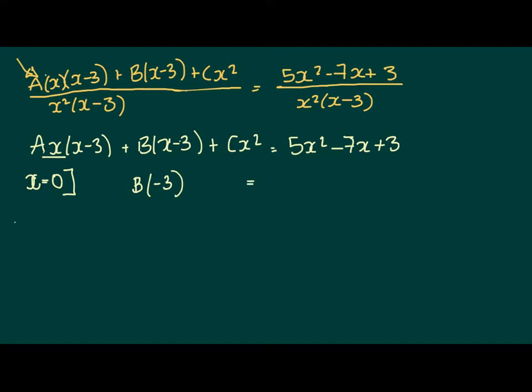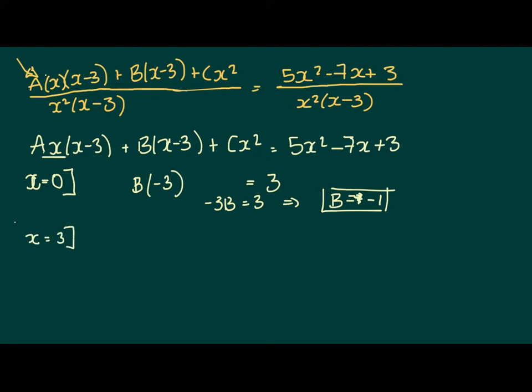And then on the other side, I end up with 5 lots of 0, which is 0, minus 7 lots of 0, 0, and plus 3. So minus 3b is 3, in which case b is minus 1. Woohoo, great.